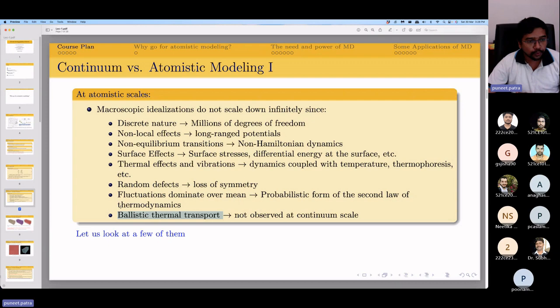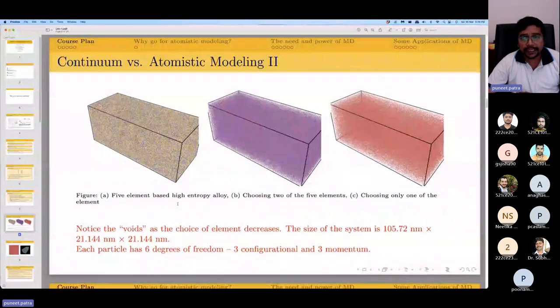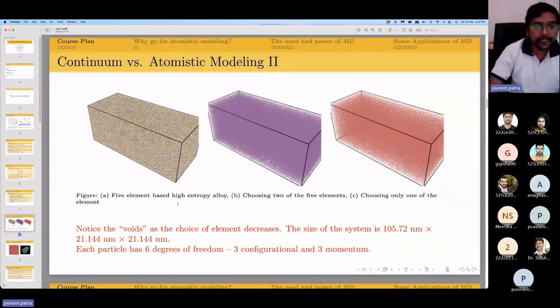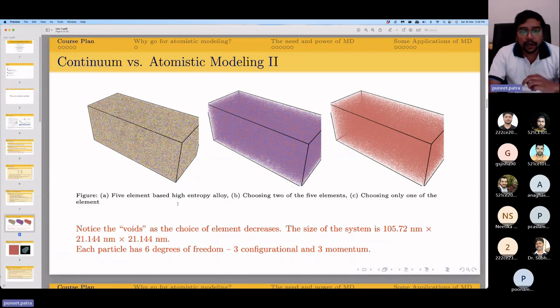So now let me show you over the next few slides the amount of empty space that you typically get. In this slide, you see a material known as high entropy alloy. High entropy alloy is an up and incoming material.